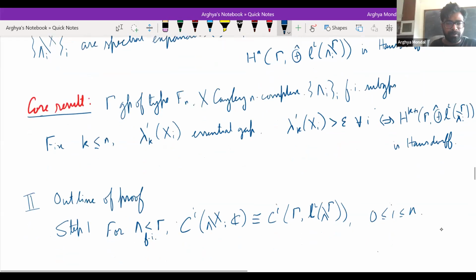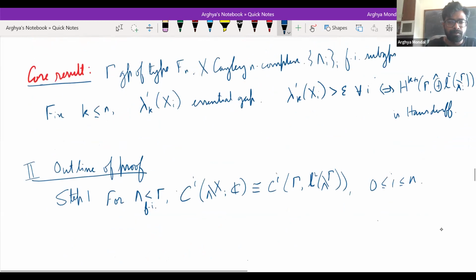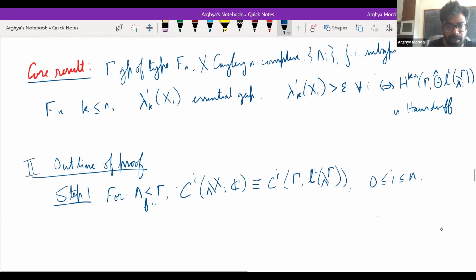Right. So let me talk about the proof a bit. The first step is to write the cohomology, in fact the cochain complex of these simplicial complexes, as group cohomology with twisted coefficients. So this is what I have written here.